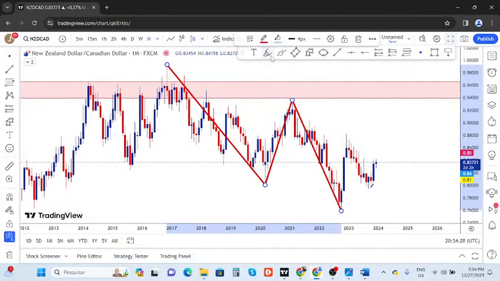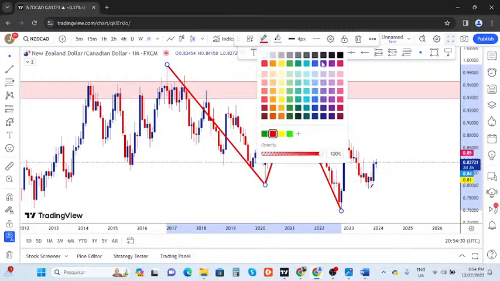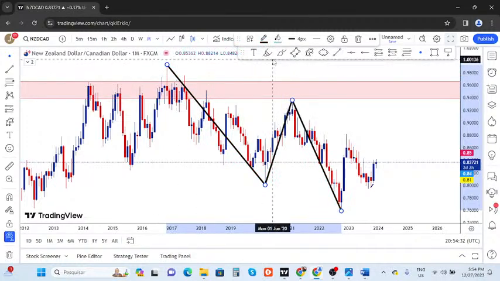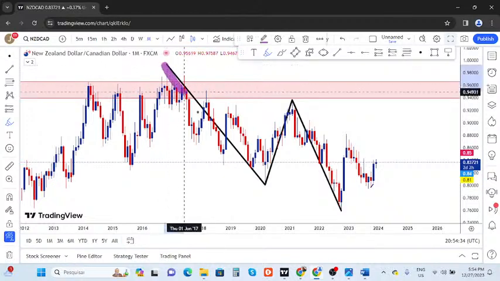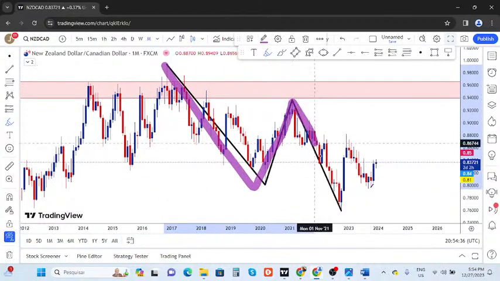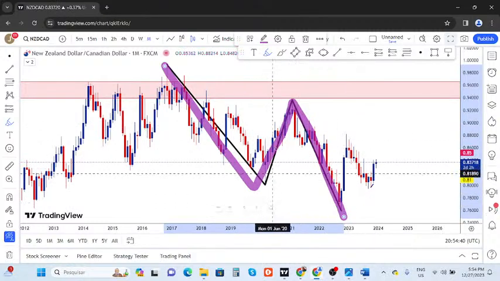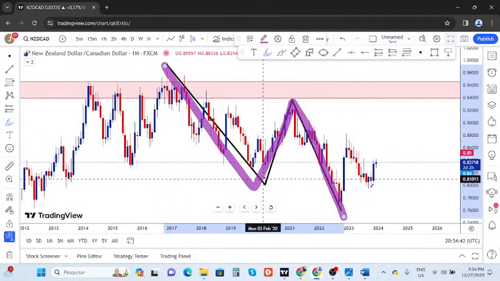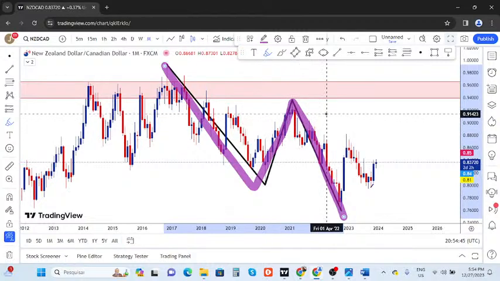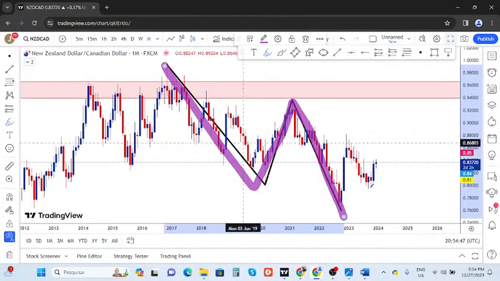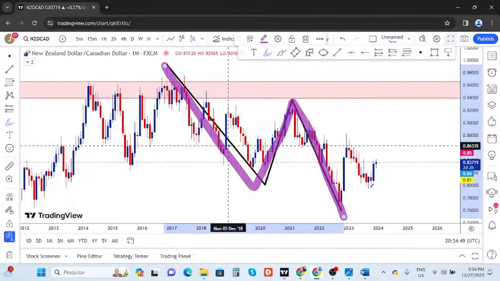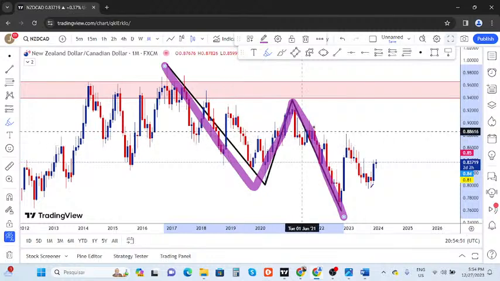In another vocabulary, we can refer to this as impulse, correction, impulse. So the retracements are referred to as corrections, while the extensions are referred to as impulses.